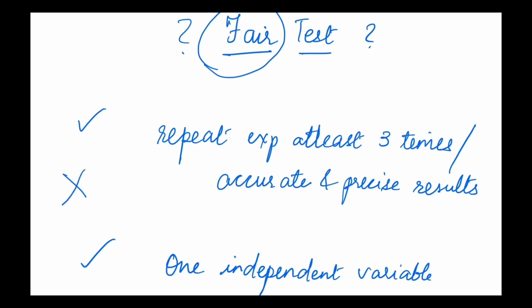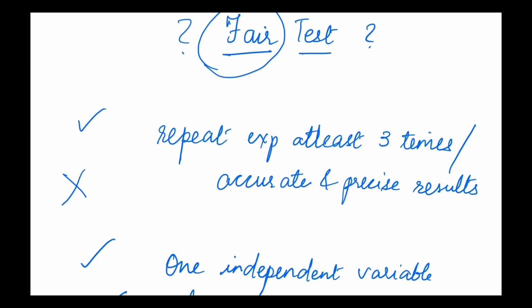No. Why? Because there will be effect of sunlight also, presence of sunlight also on the plant's growth. But we are not checking that. We are only checking the effect of water on the plant's growth.